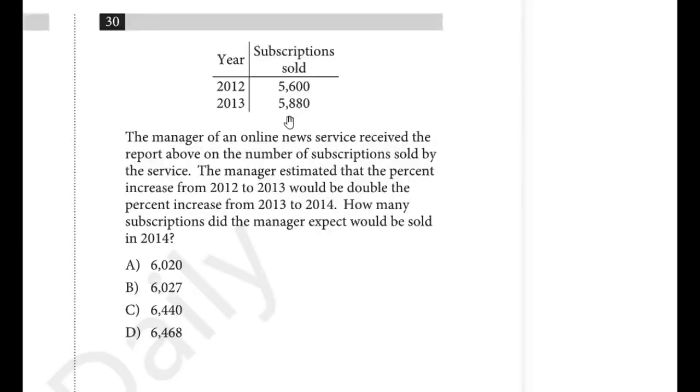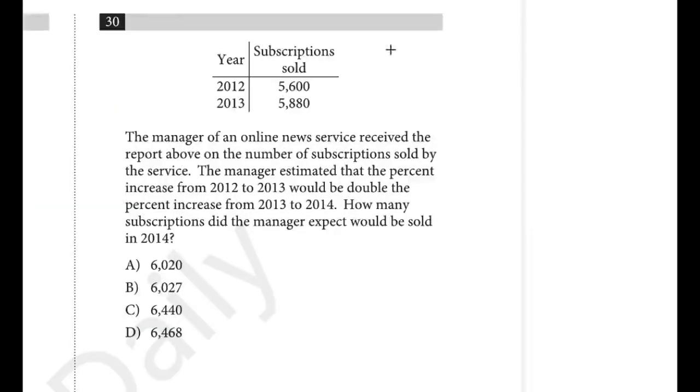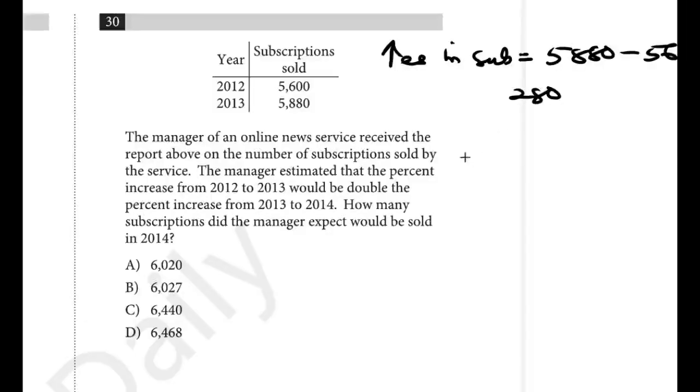5,880 subscriptions. So let's calculate the increase in subscriptions. Increase in subscriptions will be 5,880 minus 5,600. This is 280.